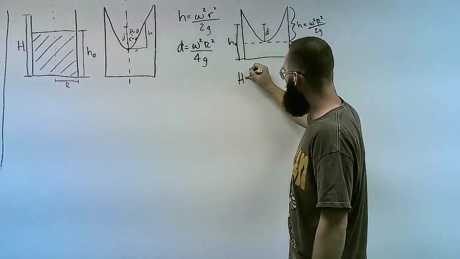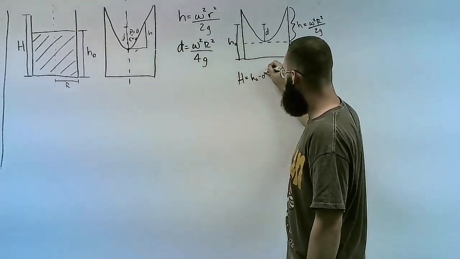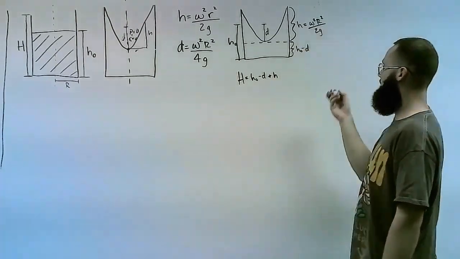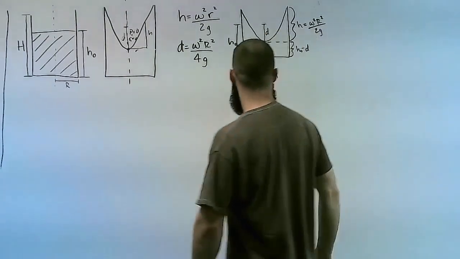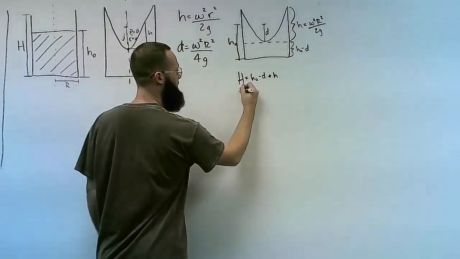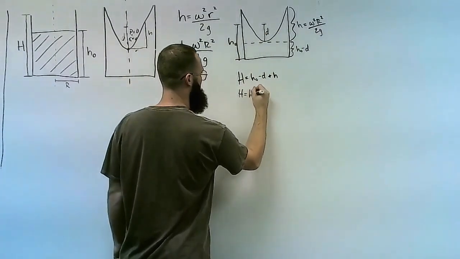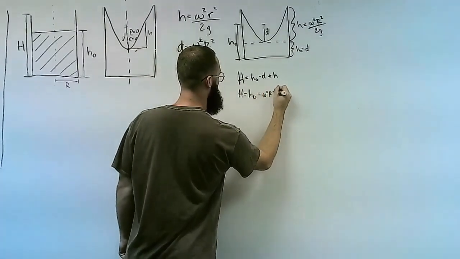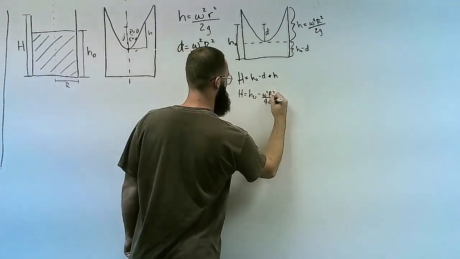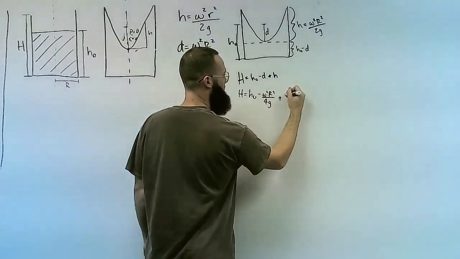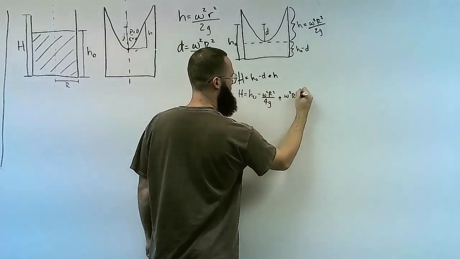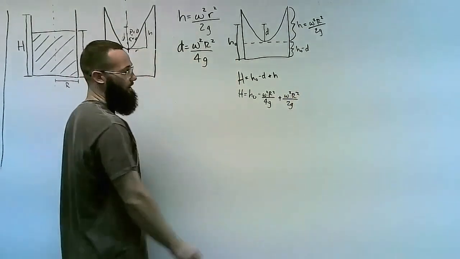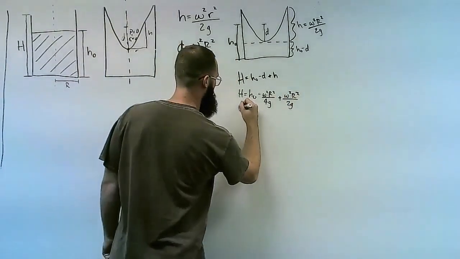We know the total height is equal to h naught minus d plus this h value. So now we just have to substitute and solve. We have h is equal to h naught minus omega squared R squared over 4g plus omega squared R squared over 2g. To add these together, we have to get the common denominator.